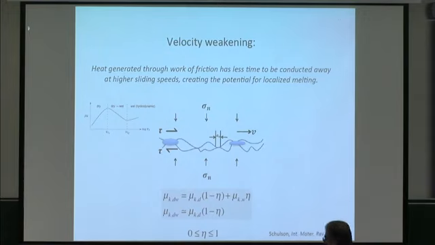So let's imagine what we have here then is a kinetic coefficient of friction that's made up of the coefficient of friction of a dry asperity multiplied by the fraction of the asperities that are dry. Eta is just the fraction of the asperities that are in contact that have melted, plus the coefficient of friction of just water multiplied by the fraction of the asperities which are water.